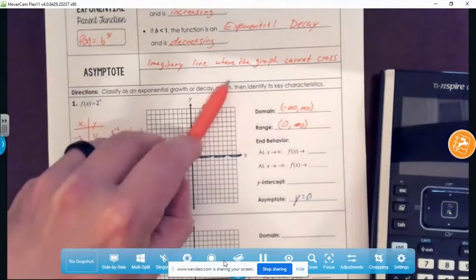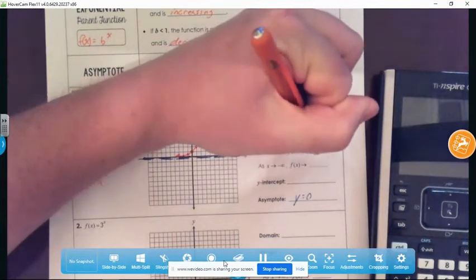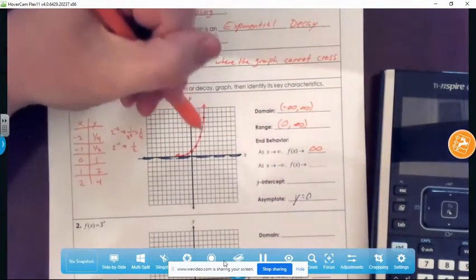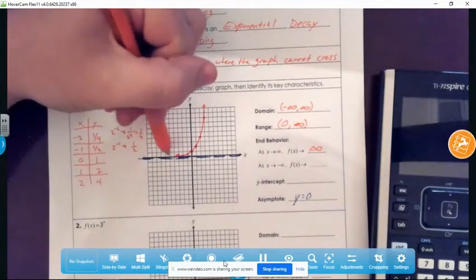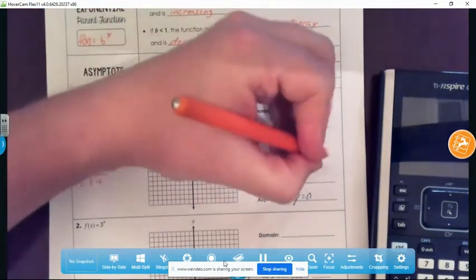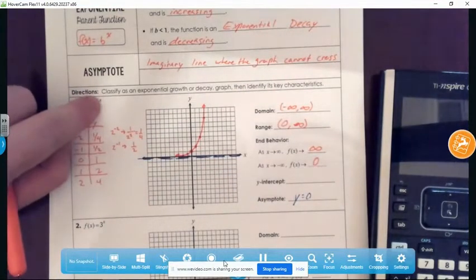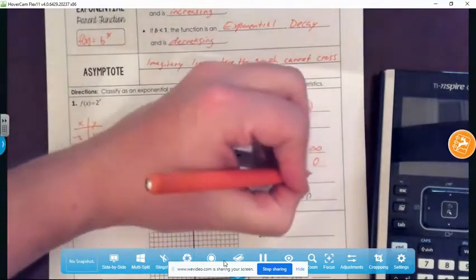The graph is way up here, so the function of x will approach infinity. As x is decreasing to -infinity, it is approaching the asymptote. So the y value is going to be approaching the number 0. Our y-intercept, what happens if x is equal to 0? So 2 raised to the 0 power is 1, so (0, 1).